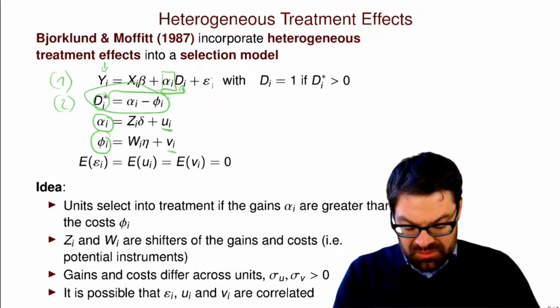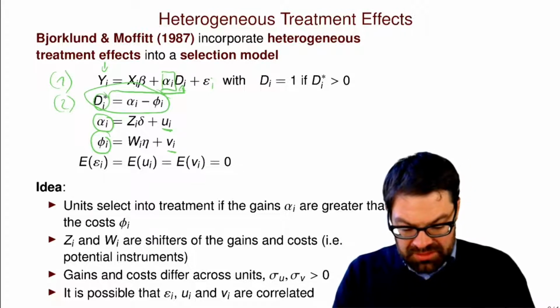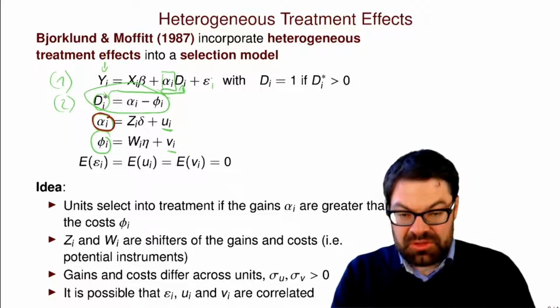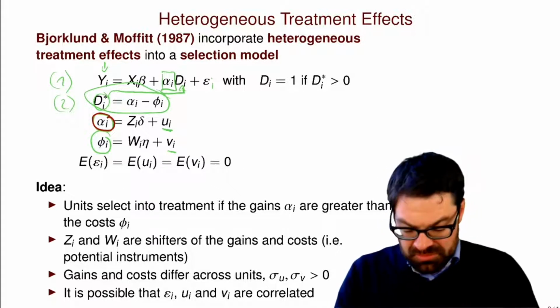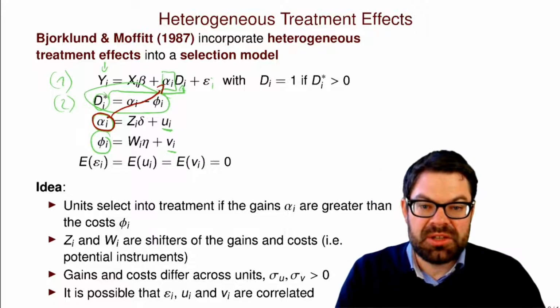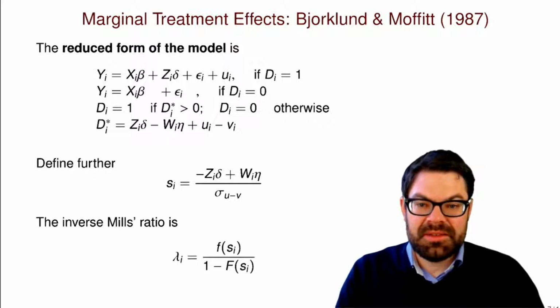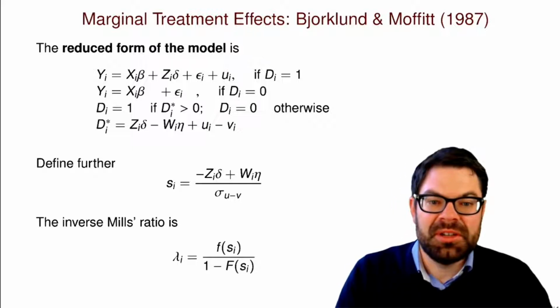So if we go back to the previous slide, what we're doing here is we're going to take the equation that governs the gains from the treatment and plug that into the main equation here. And then what we're getting is simply the first equation here.